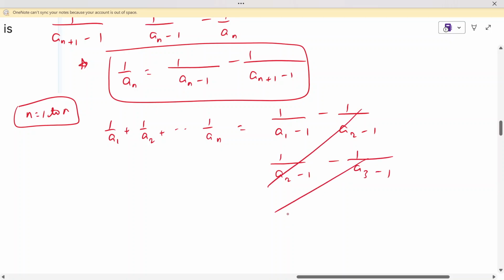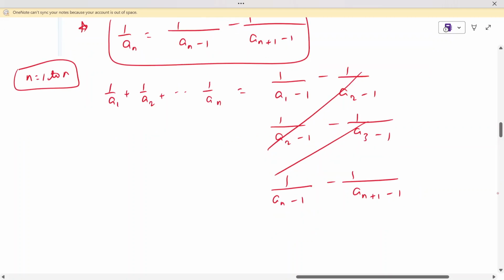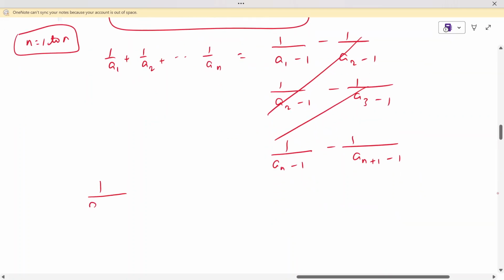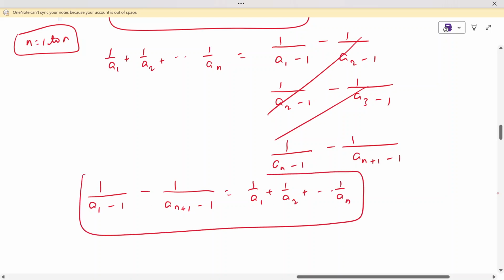It is cancelling in this way, so what we are getting is 1 by A1 minus 1 minus 1 by An plus 1 minus 1 should be equal to 1 by A1 plus 1 by A2, and so on, till 1 by An.